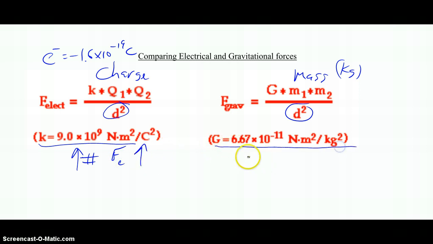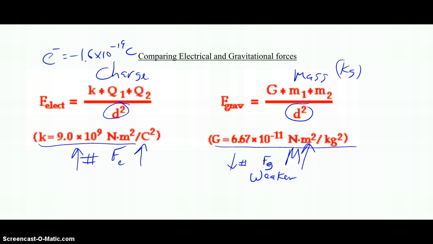G, big G, the universal gravitational constant, same everywhere, is actually a very small number, very, very small. Therefore, to get a significant amount of gravitational force, you need really big masses. So this is a much weaker force than electricity.